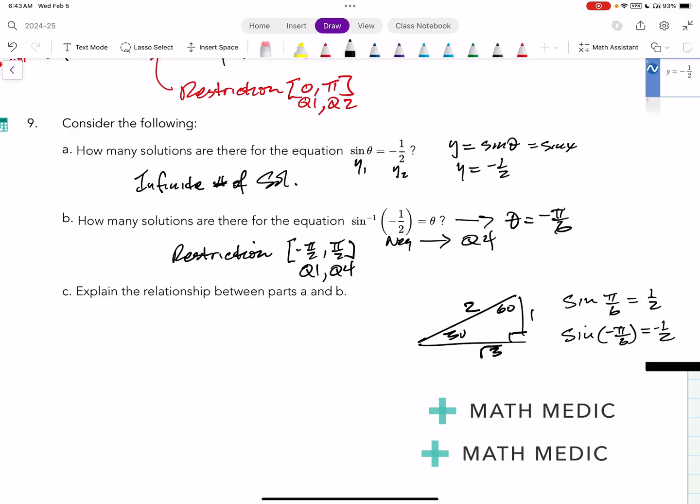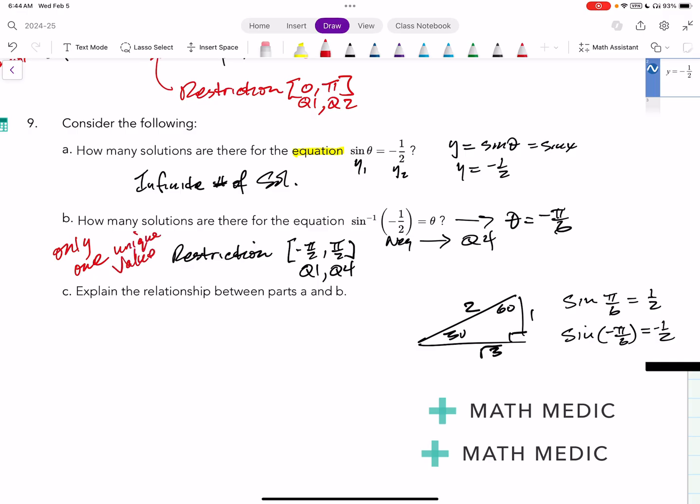So how many solutions are there? One single value. Instead of having an infinite number of solutions like an equation has, this is really just an expression, and you get only one unique value.